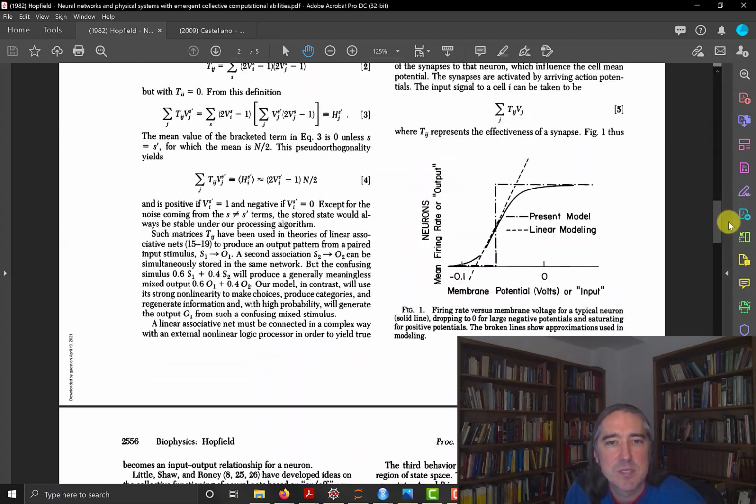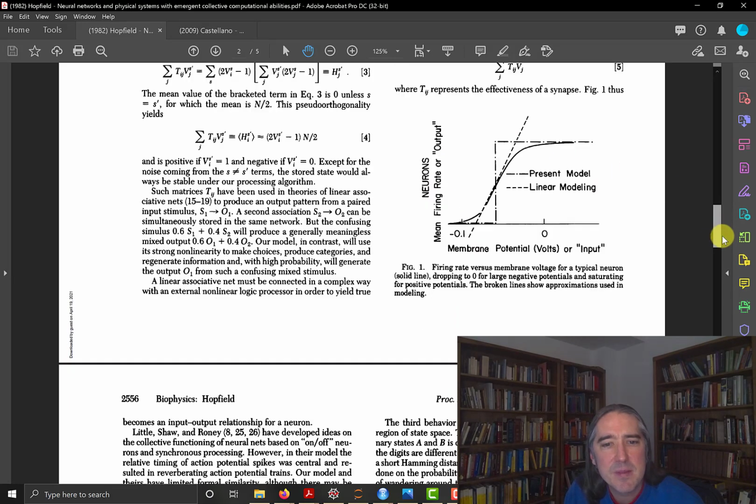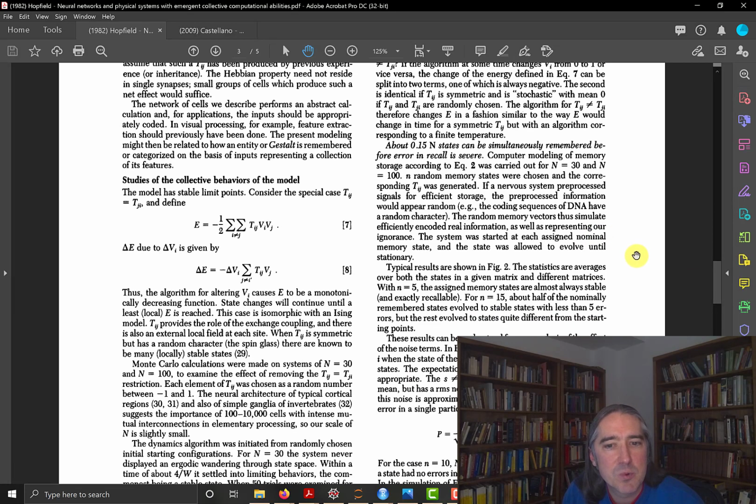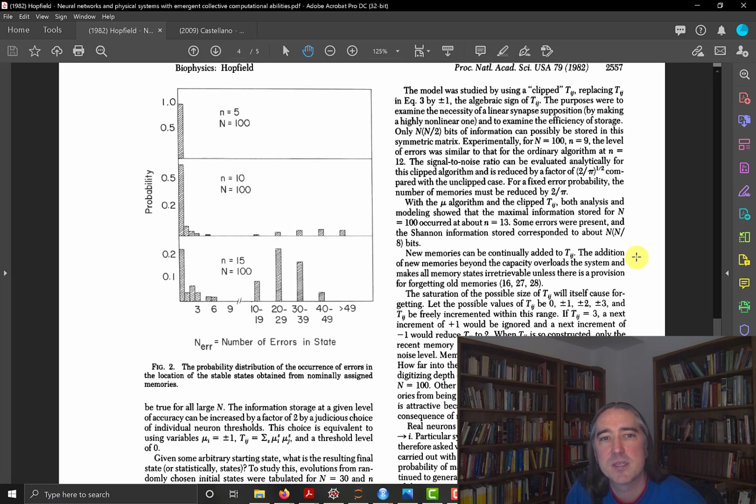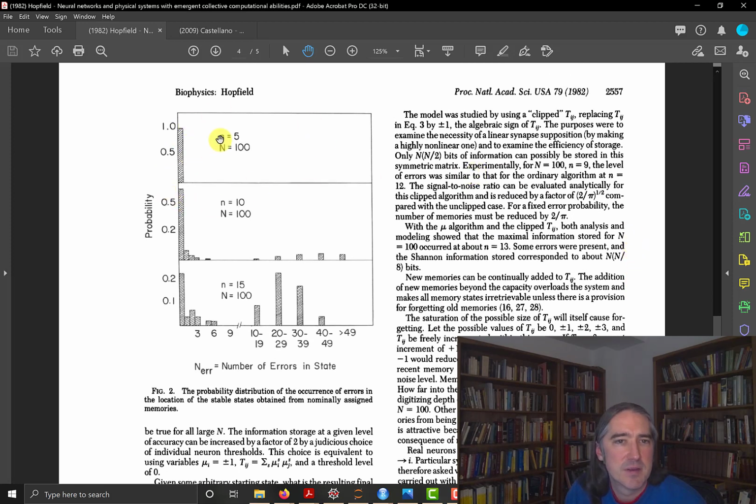Okay. So this is one of the many ways he's oversimplifying the brain. And then he just works through what the consequences of this are. One consequence is, here's an example where he considered 100 neurons. Now, why so few?